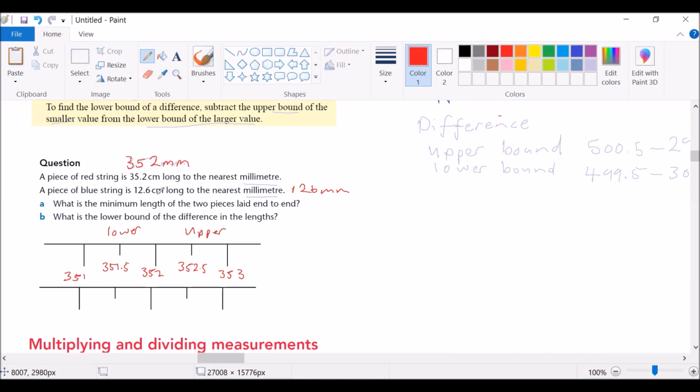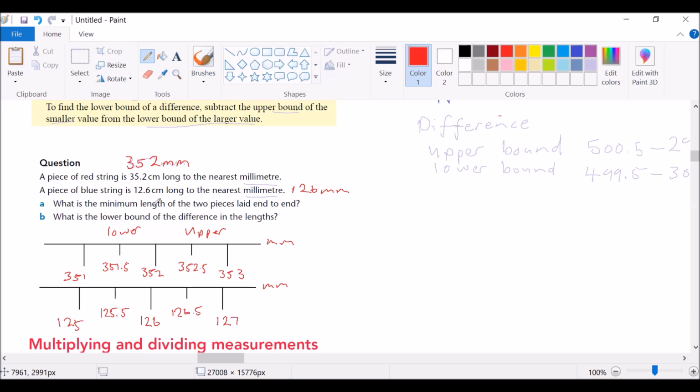For our 12.6 centimeters, we have 126 there. The next millimeter is 127. Before that is 125. So the lower bound is halfway between 125 and 126, which is 125.5. The upper bound is 126.5. All these are in millimeters.